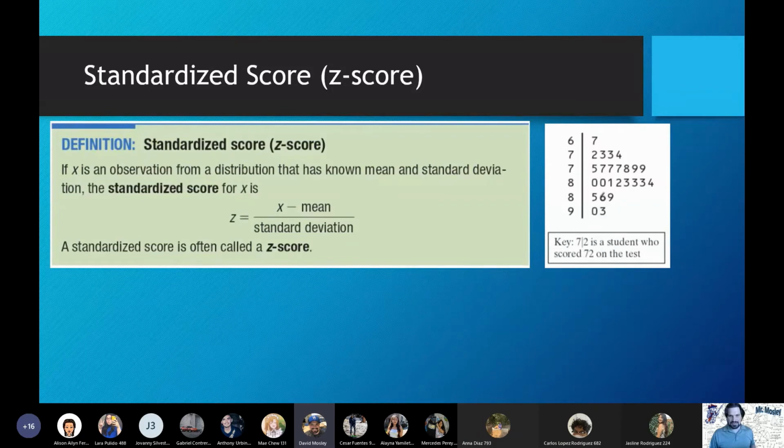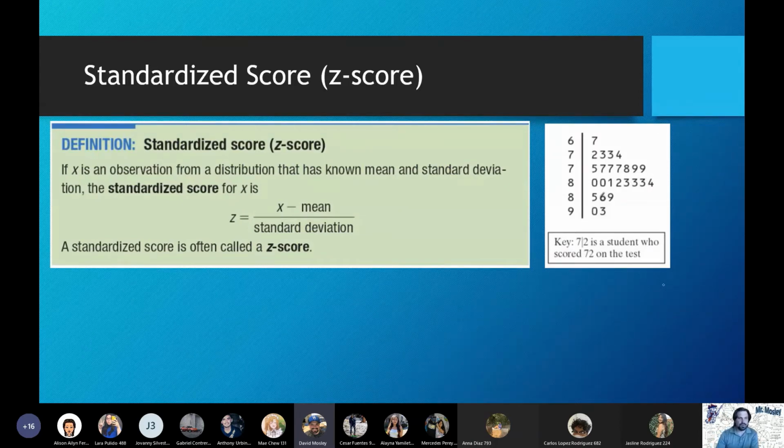We're going to use the same data set and that score of 86 that we saw earlier, and we're going to do some math. We're going to see what the standardized score is.